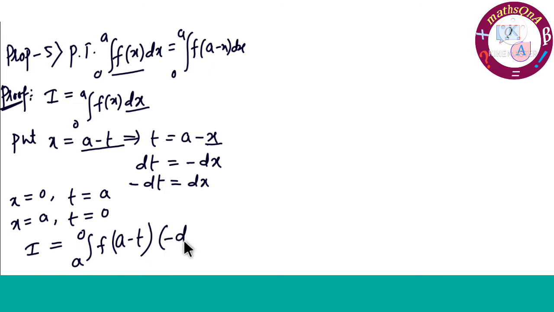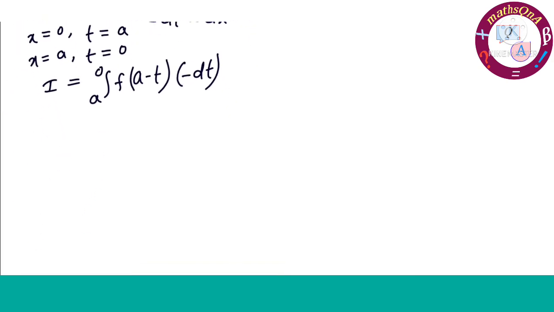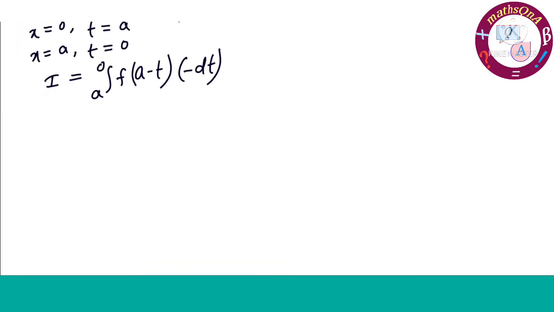So minus dt. Next, I is equal to, now this minus is a multiple, bring it outside. So minus of integration a to 0 f of a minus t into dt.